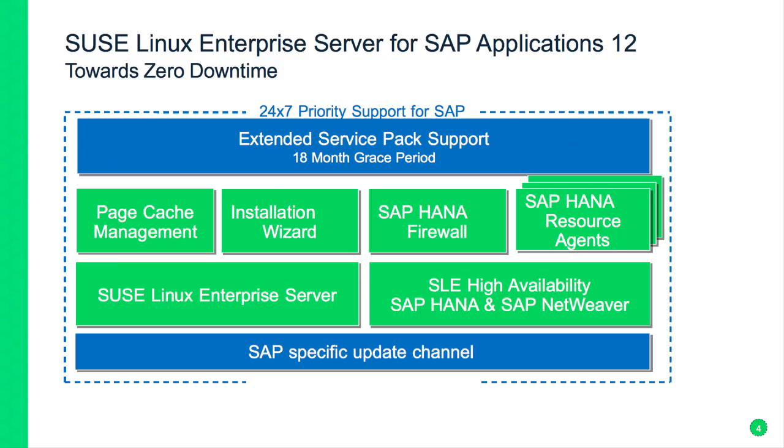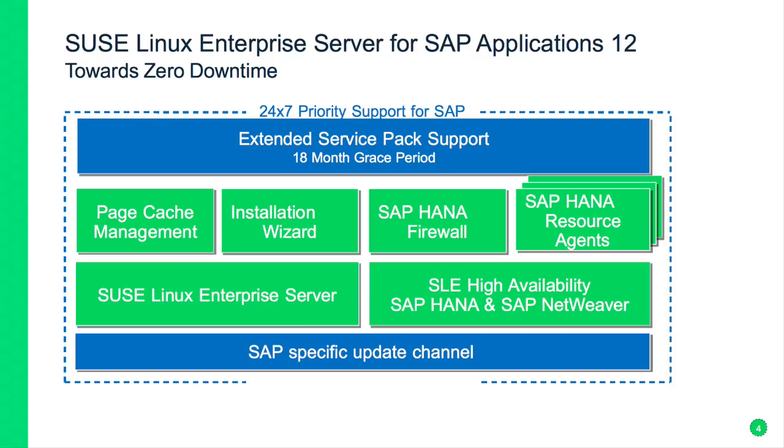Other things, as I said, is support. So as SAP systems are mostly business critical systems, we have a 24/7 priority support. And the nice thing is we do this together with SAP. And the idea behind that is one face to the customer. So if you have a problem with your SAP system, call SAP.